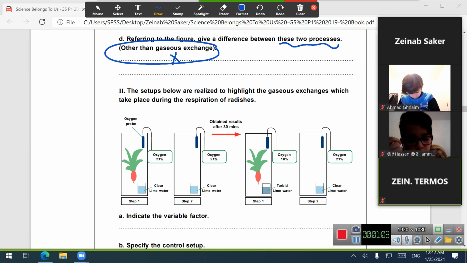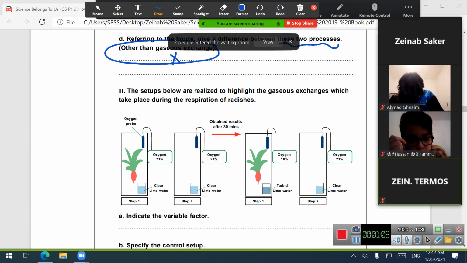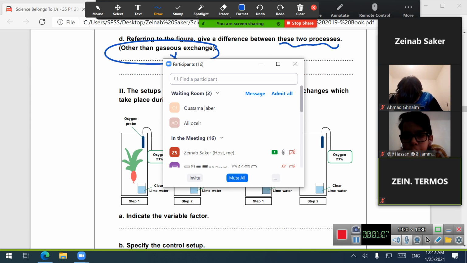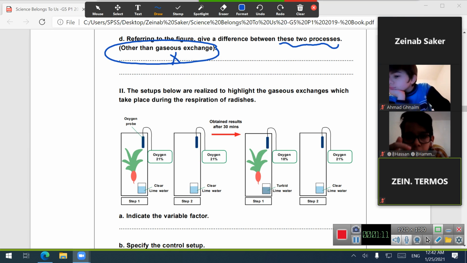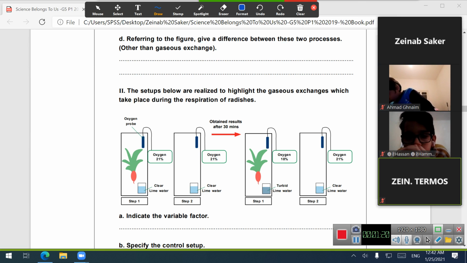As we know before, in photosynthesis, oxygen gas is released and carbon dioxide is absorbed, while in respiration, oxygen is absorbed and carbon dioxide is released. This is the first difference.